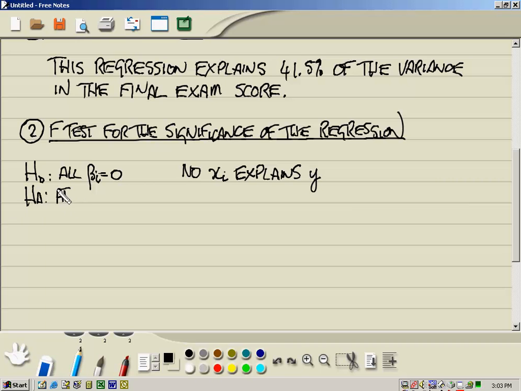Alternatively, at least one of the betas is not 0, which means at least one x explains the y.